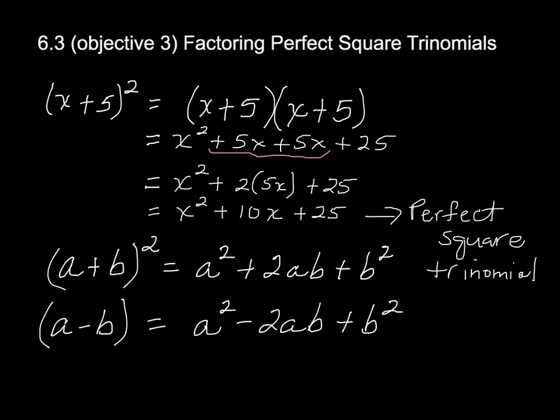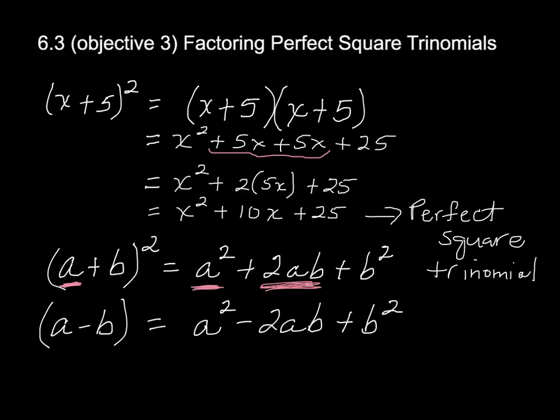So remember, as it relates to the terms, in this example where I'm giving you the pattern a plus b squared, you square the first term, then you take 2 times the first term times the second term. That's a times b, 2 times that.